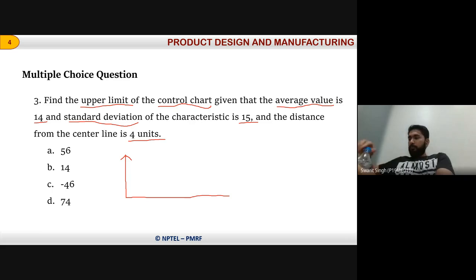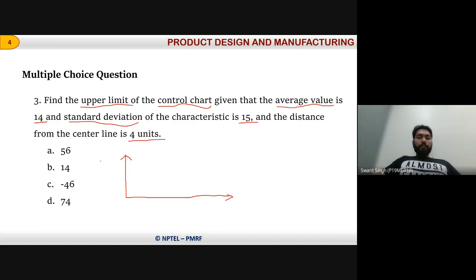After producing this bottle cap, there is some diameter which is required. Either with respect to time or number of components, we can take a reading of this diameter.